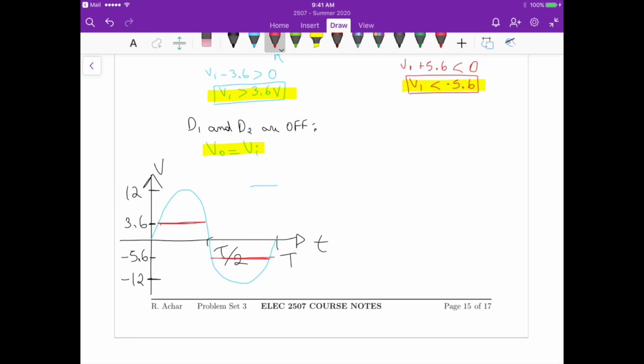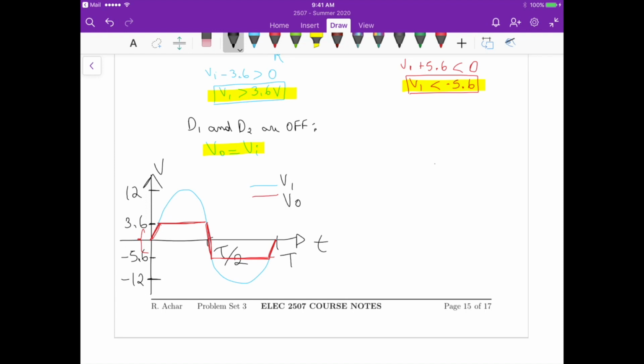Now in between, within this region, V out is just equal to VI. So it's just this one here, and this one here, and this one here. So that's our V out. This is VI, this is V out.